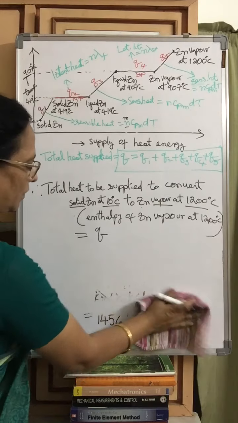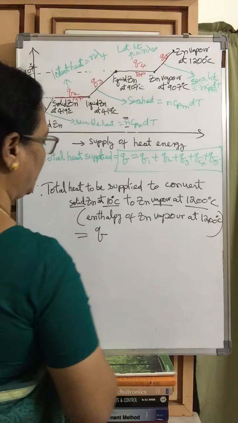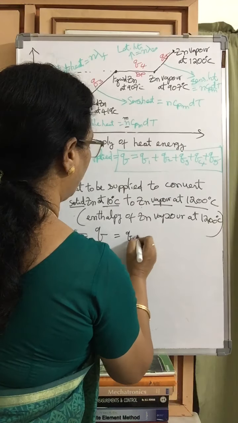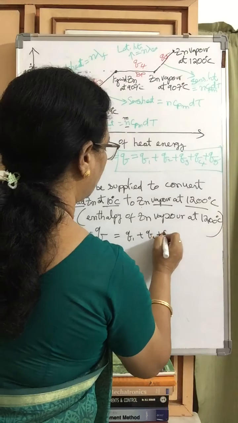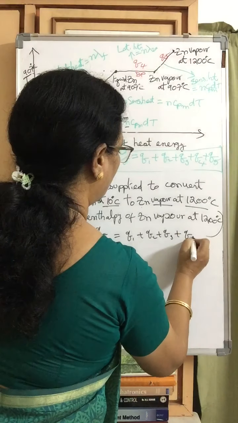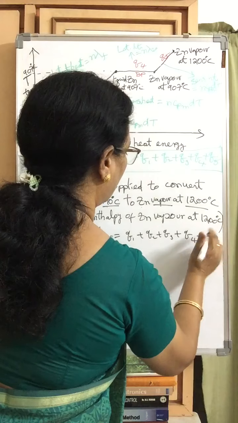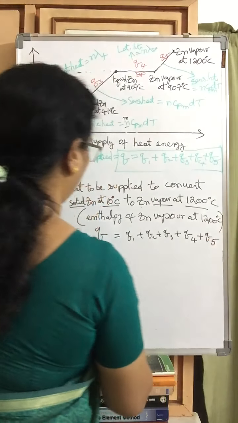So Q is equal to what now? Q1 plus Q2 plus Q3 plus Q4 plus Q5.